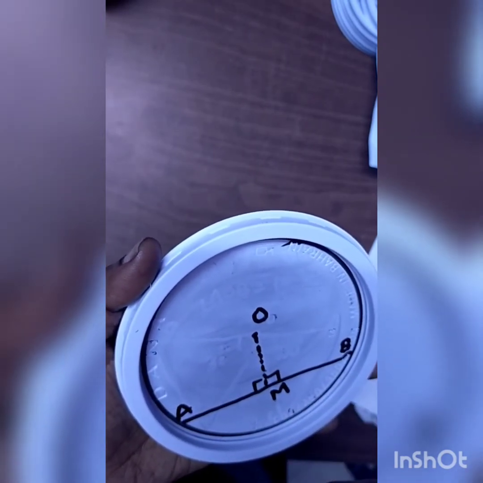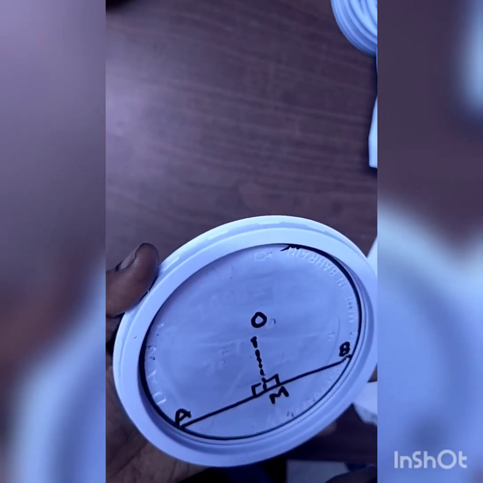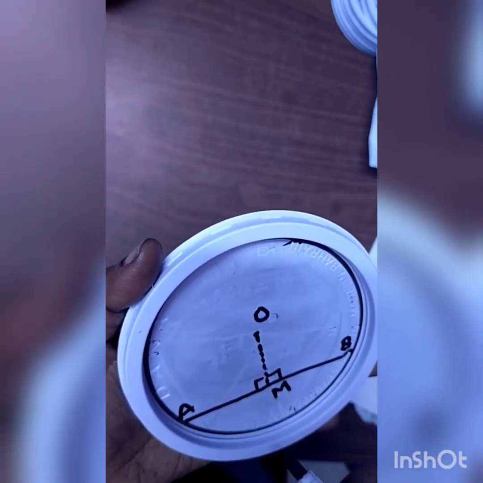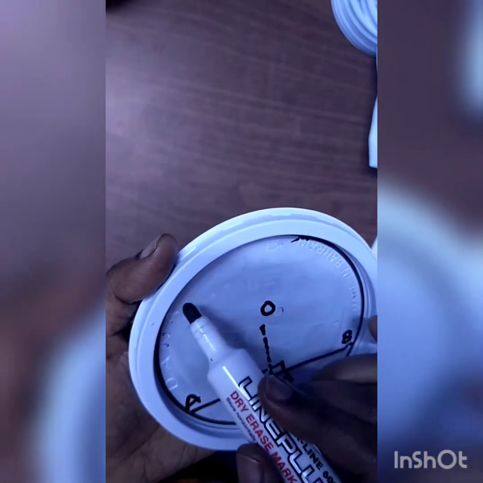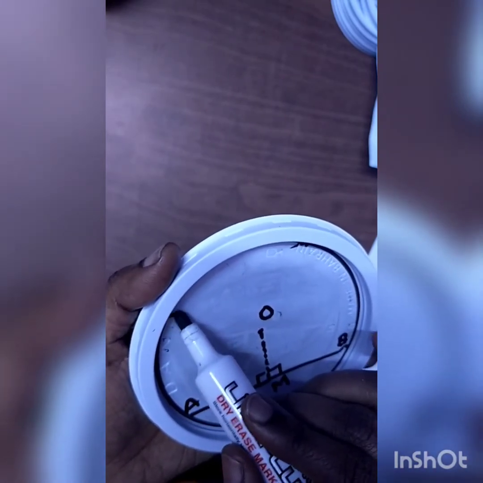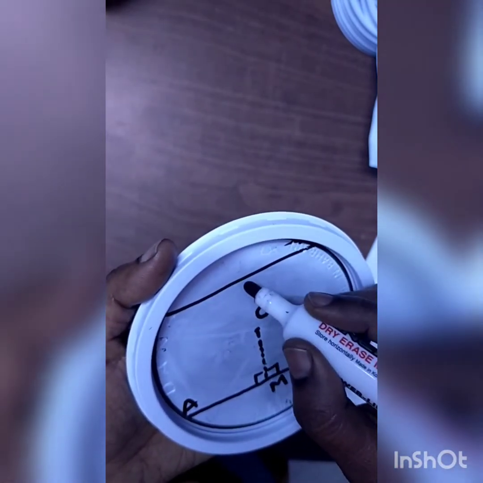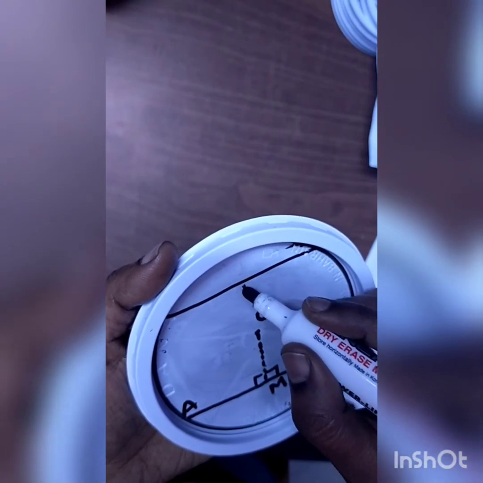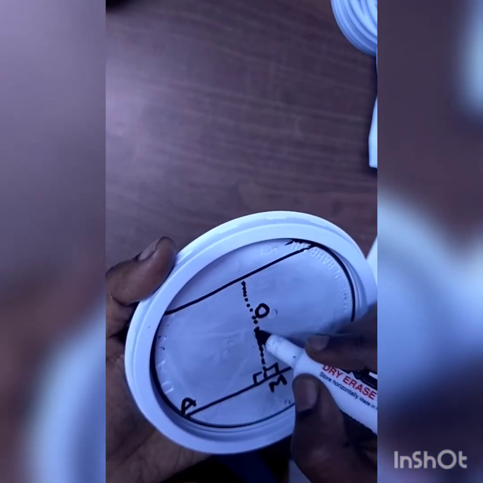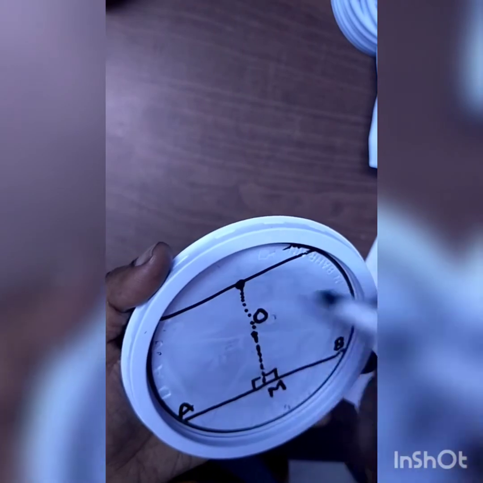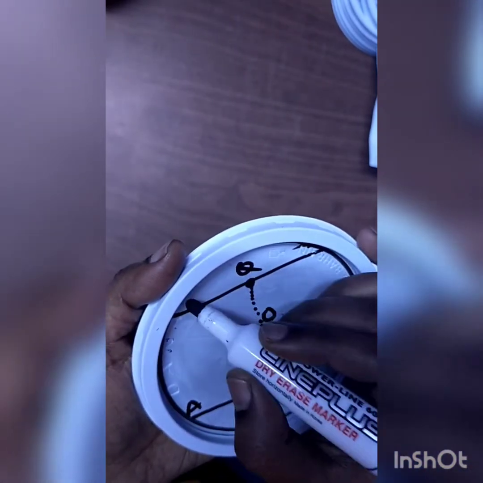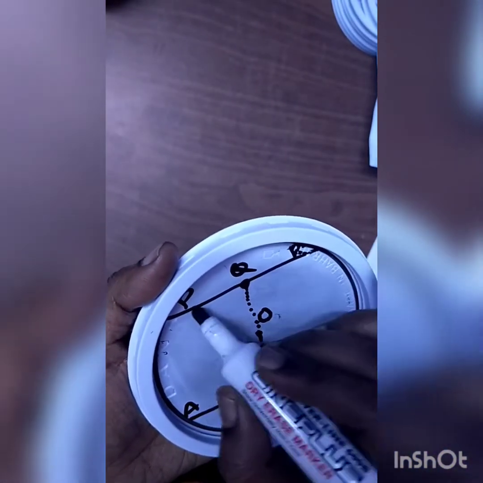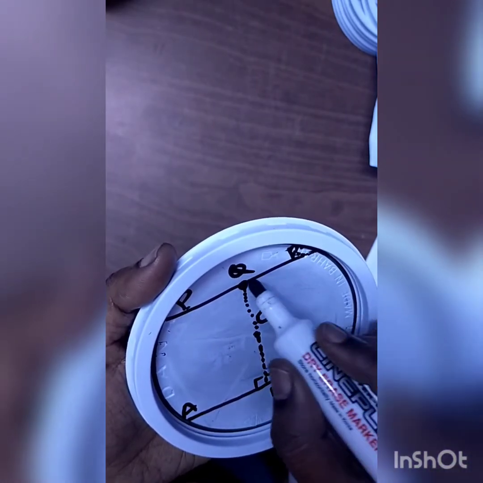So OMB is 90 degrees and OMA is also 90 degrees. So n number of chords I can draw. Like if this is one chord and if I am drawing a perpendicular line from the center, so PQ will be equal to QR.